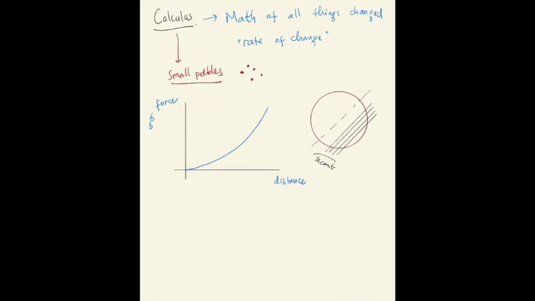This is called the secant, and then he needed to cut until it touches here. So maybe like that. And by the way, that's called the tangent. Tangent is from tangible.